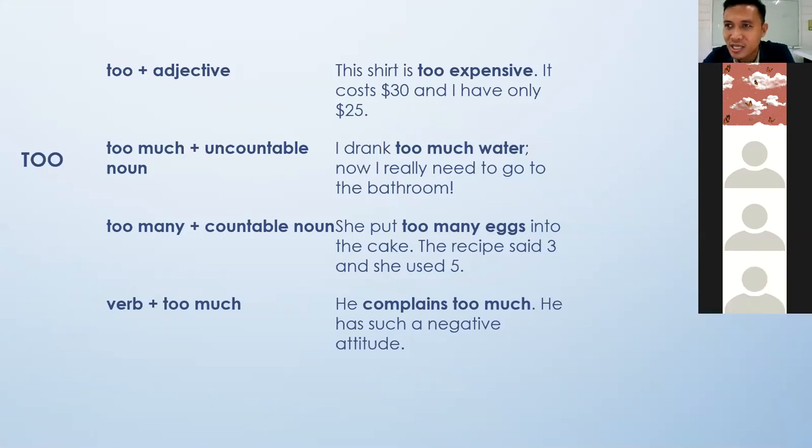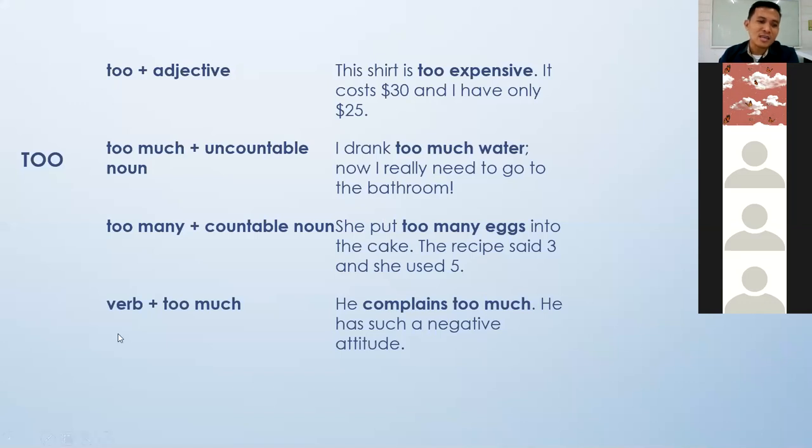Another question is, I bought too many or too much sugar. Much. Yeah, sir. Too much sugars or sugar? Sugar, sir. With s or not? No, sir. Not. You don't need s, because why? It's uncountable. Okay, very good.